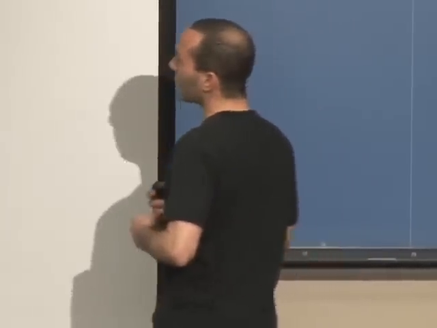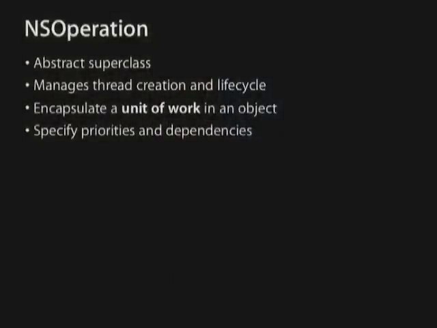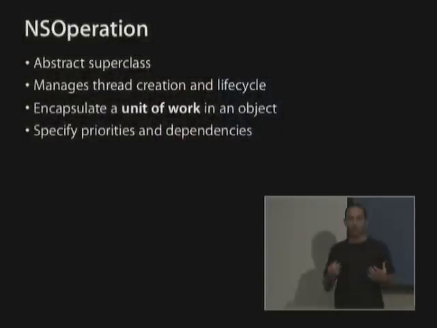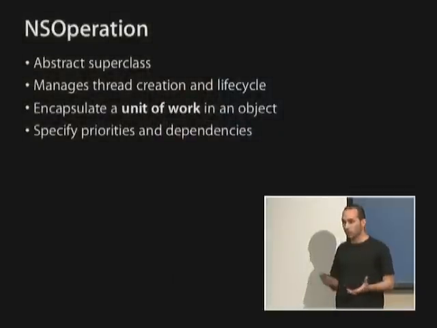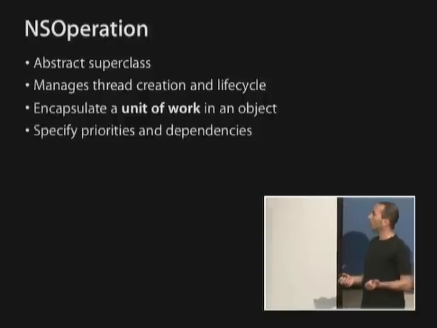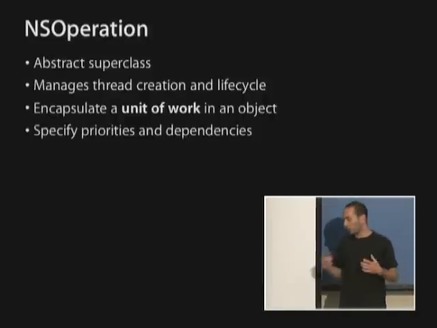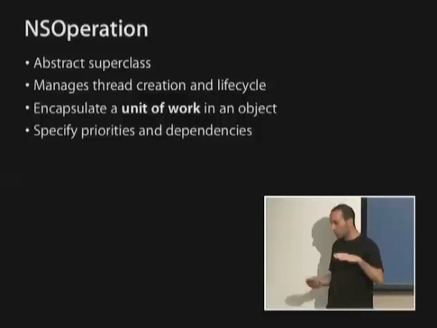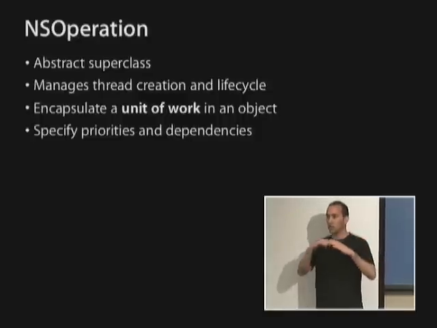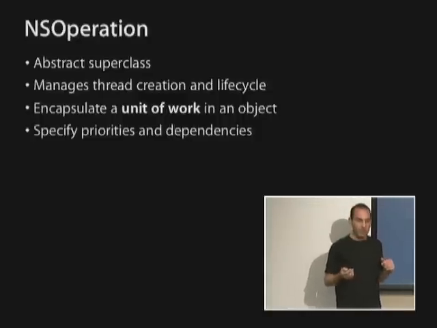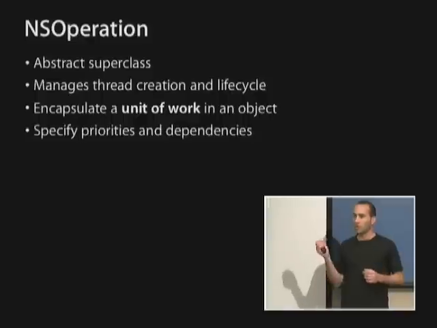So let's look at NSOperation. It's an abstract superclass. It's nothing on its own. It manages creation and lifecycle of a thread. Right? It encapsulates a unit of work. So basically, with an NSOperation, you set up a main function and you do all your work in there. And you deal with this as a single object that you can pass around.